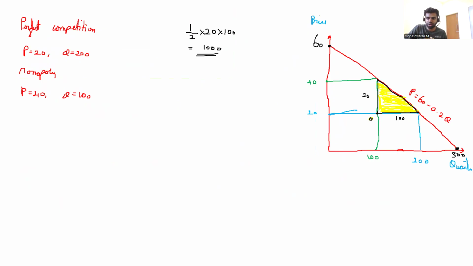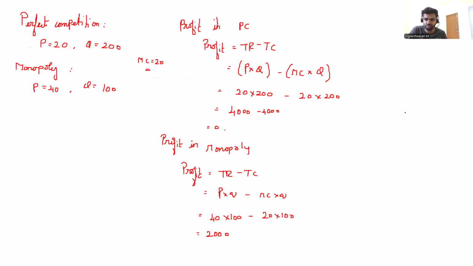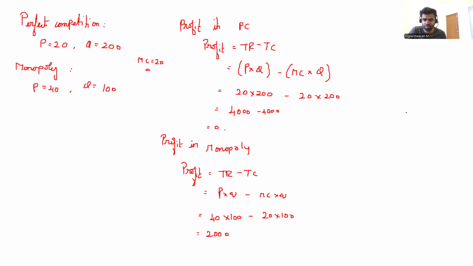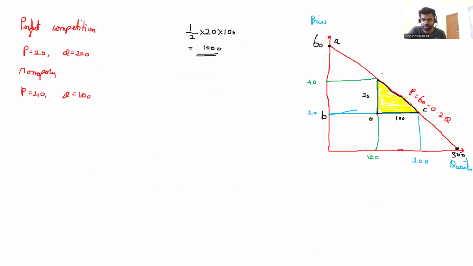Okay, now what do we have to do? First I will name the points. This is A. This is B. A, B, C, D, E, F. Okay, so first I will write this formula for you, so that it will be easy.